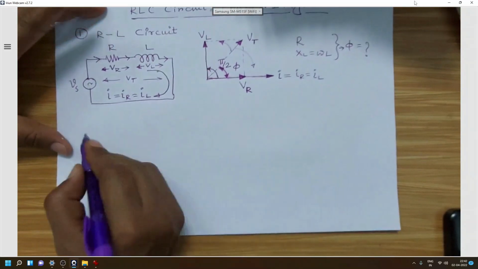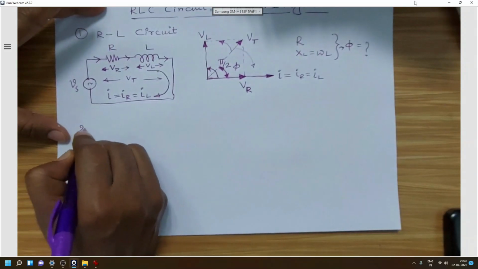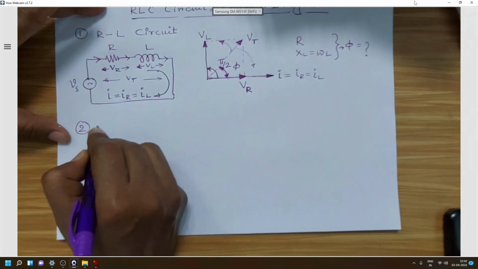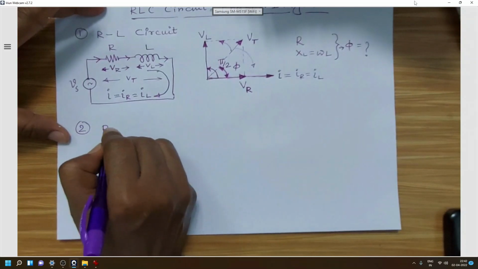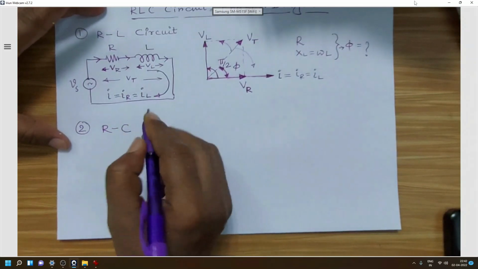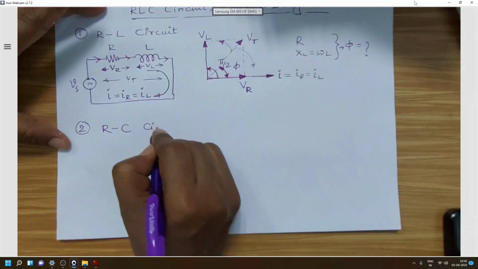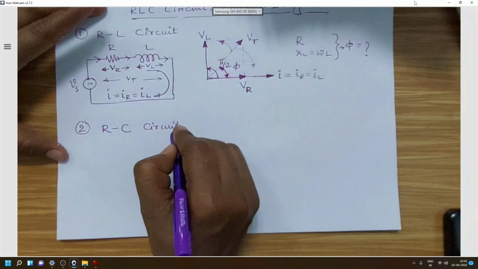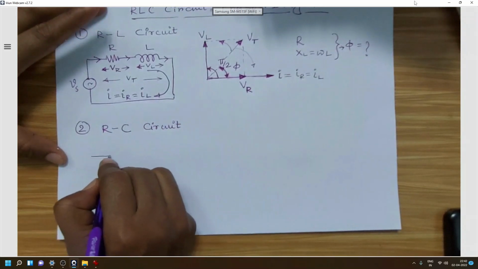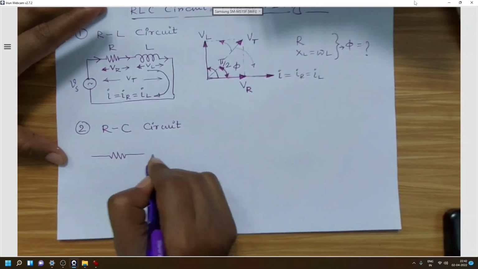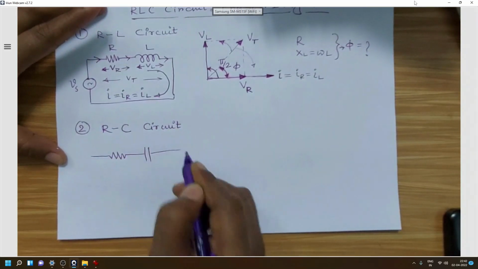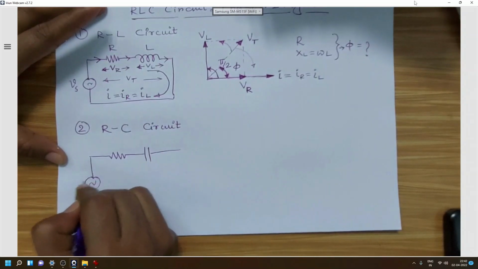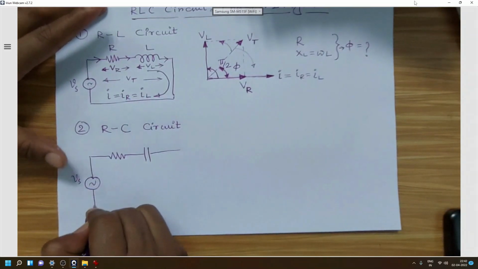Similarly, if we go for the capacitive circuit with resistor, then we will construct the RC circuit. If we want to draw the phasor diagram for the RC circuit, we have to draw the circuit diagram first, that is R and C, excited by one voltage supply.